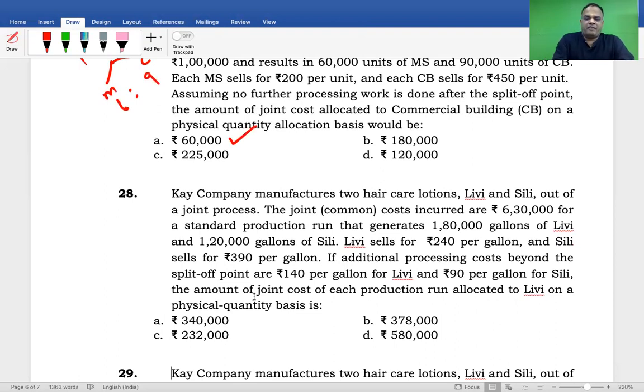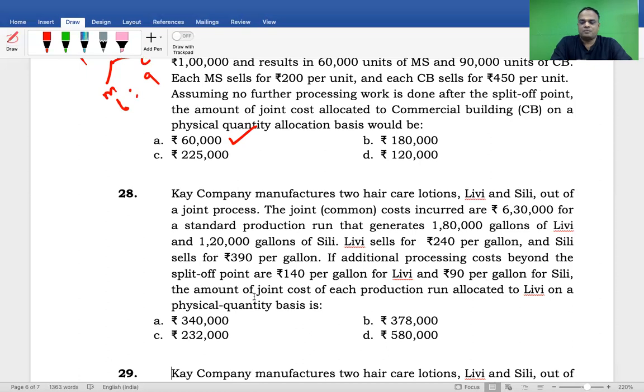K company manufactures two hair care lotions, Livy and Silly, out of the joint product. The joint cost incurred, that is the common cost, is 6,30,000 for standard production that yielded 1,80,000 gallons of Livy and 1,20,000 gallons of Silly.